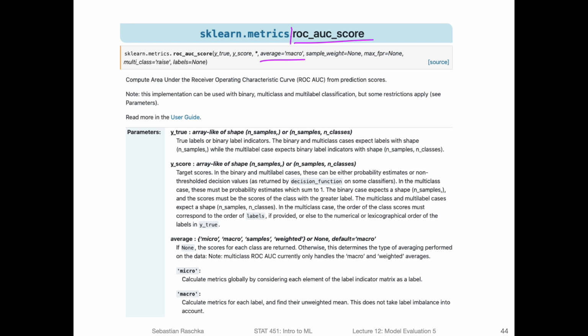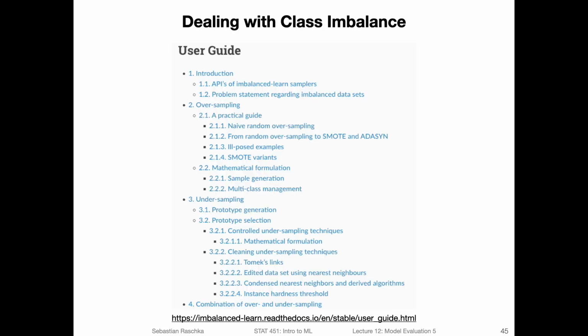class imbalance problems, and another way for dealing with class imbalance problems is using algorithms for over and undersampling. For example, if you have an underrepresented class, you can oversample the underrepresented class to have more examples of that. It can sometimes help. Scikit-learn also has a class weight parameter for most classifiers, but another way is considering more sophisticated ways of creating artificial data points, for example SMOTE.